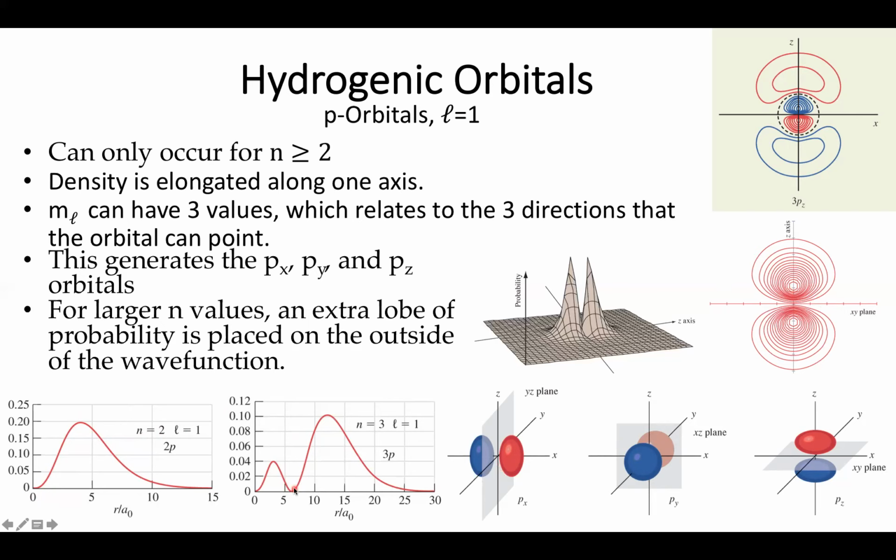Now, this is a little bit odd because the number of radial nodes is going to be different than for the s orbital. And there's actually a fairly simple formula that we can use to depict the number of radial nodes. The number of radial nodes will be n minus L minus 1. So for n equals 2, I've got 1 angular node, and that's it. N equals 3, I have 2 nodes overall, because total number of nodes will be n minus 1.